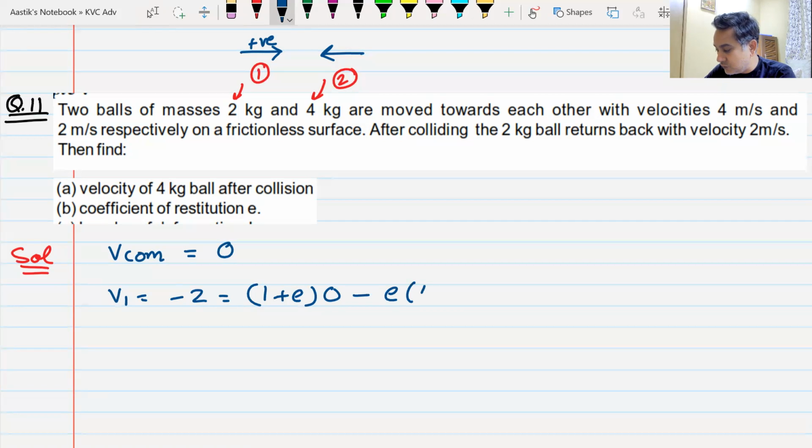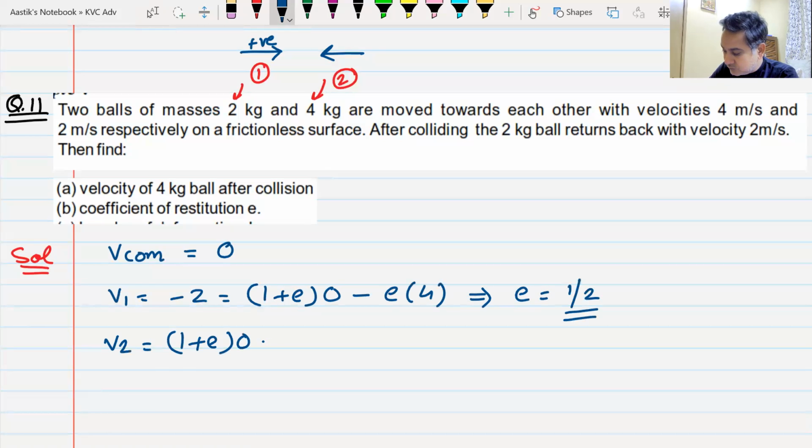U2 is 4. So that gives me the value of E as half. Once I get E as half, I can write V2 as (1 plus E) times 0 minus E, which is half times the velocity. The velocity was -2, so it becomes +1.